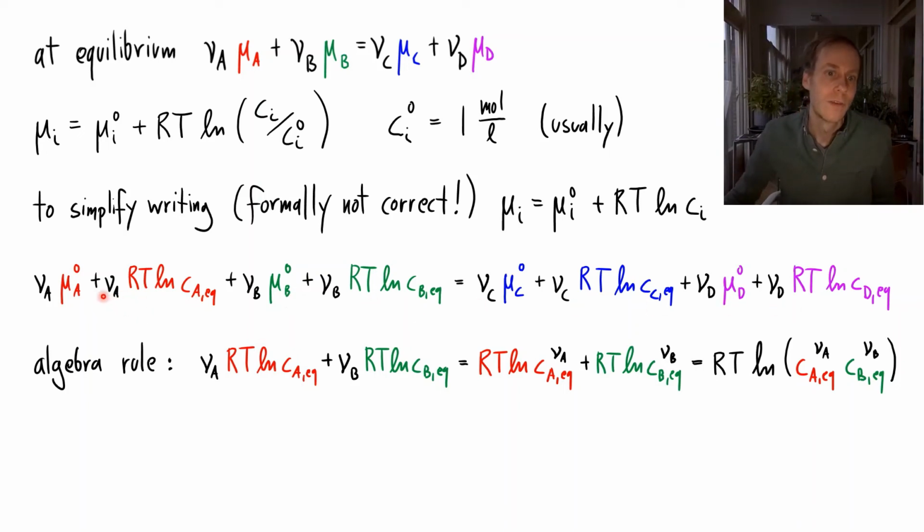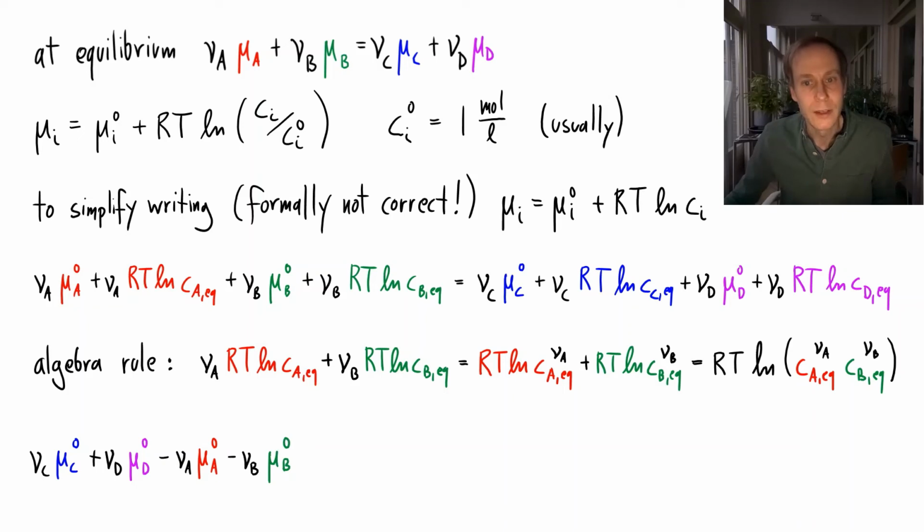But first, I will bring all the standard chemical potential terms on one side of the equation, which I do here. First, I subtract on the right side from nu C times mu C standard, nu A times mu A standard, and nu B times mu B standard.